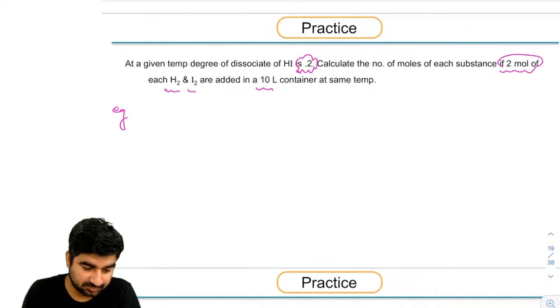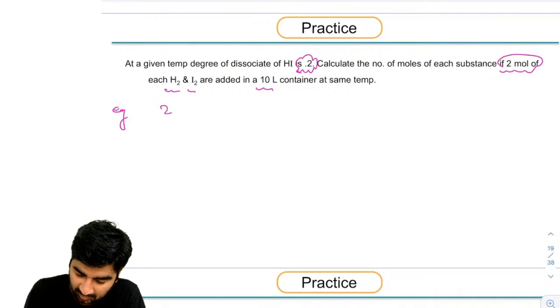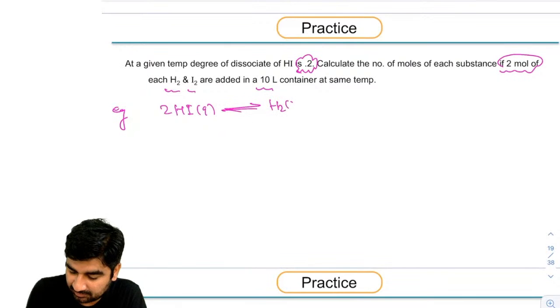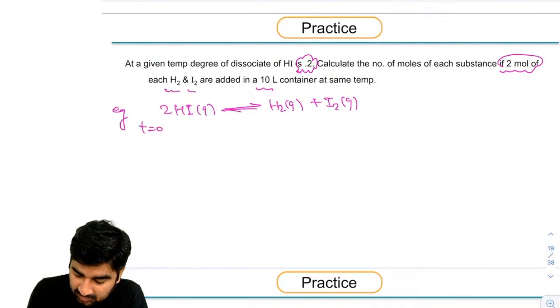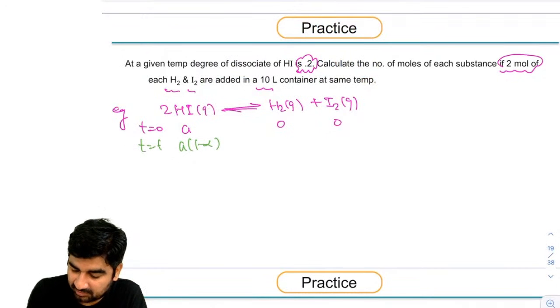Just write down H2 gas and I2 gas. At T equals 0, you are getting A, 0, 0. Then A into 1 minus alpha, A alpha by 2, A alpha by 2.